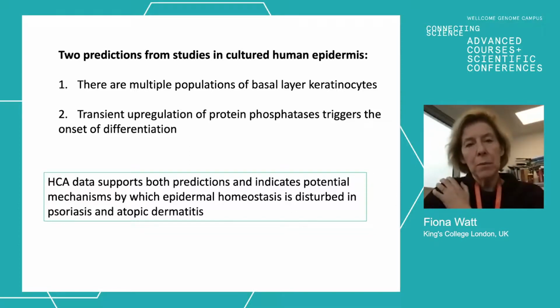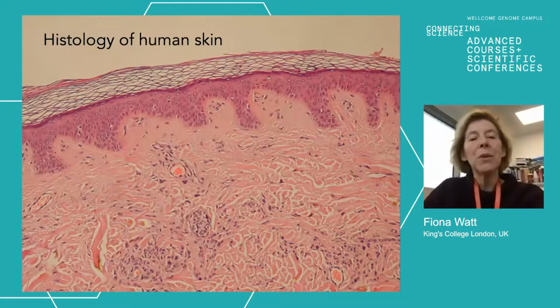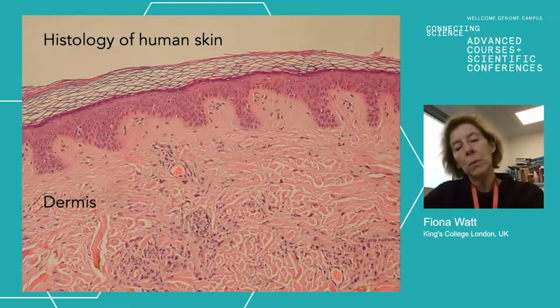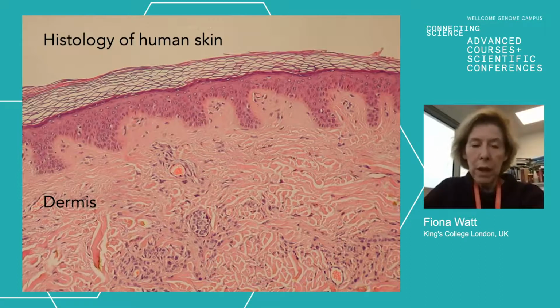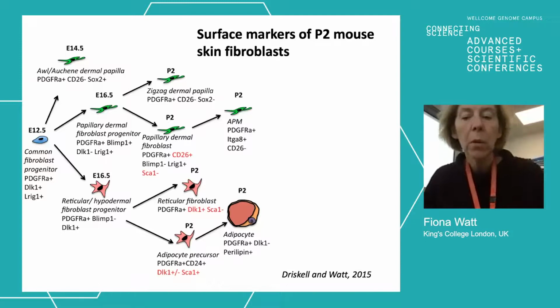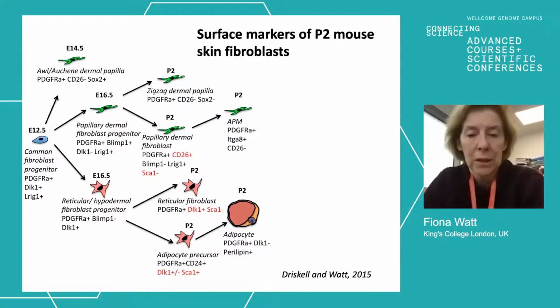Now, for the last part of my talk, I would like to turn to the second love of my life, which is the dermis. And here, the challenge has been a bit different, because many of you will know from the pioneering work of my former postdoc, Ryan Driscoll, we were able in mouse models to provide convincing evidence that dermal fibroblasts are not all the same, but they represent distinct lineages, and also they have distinct functions.